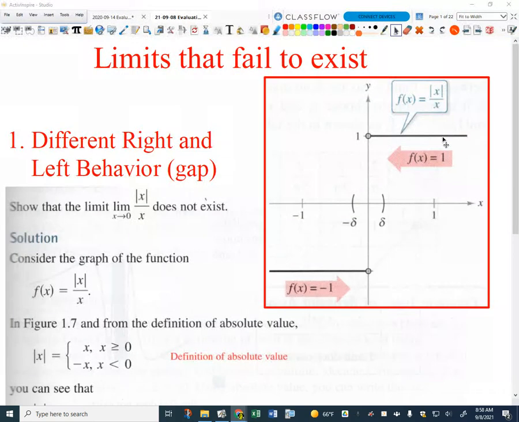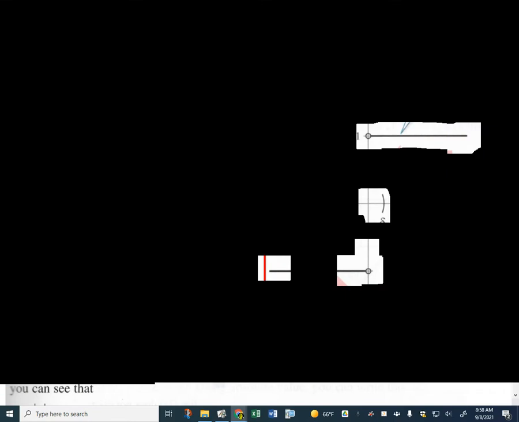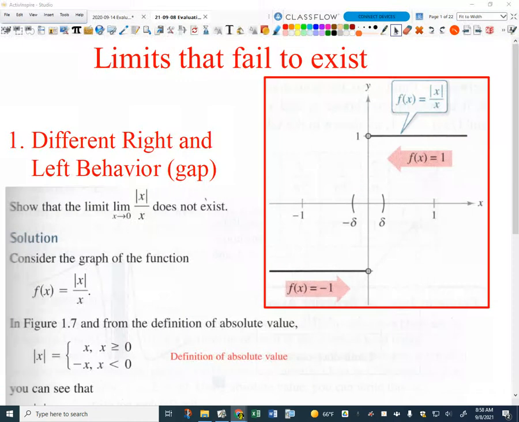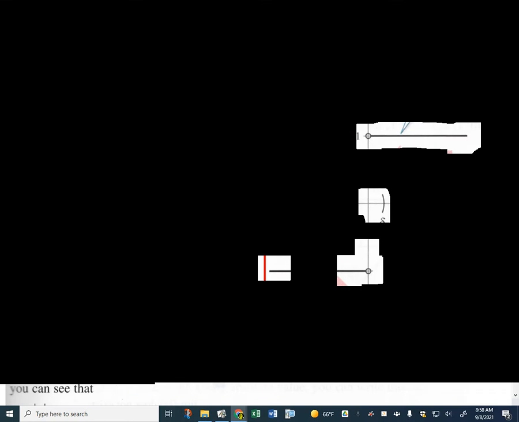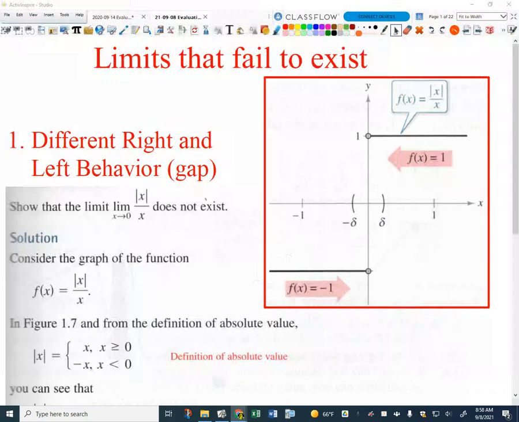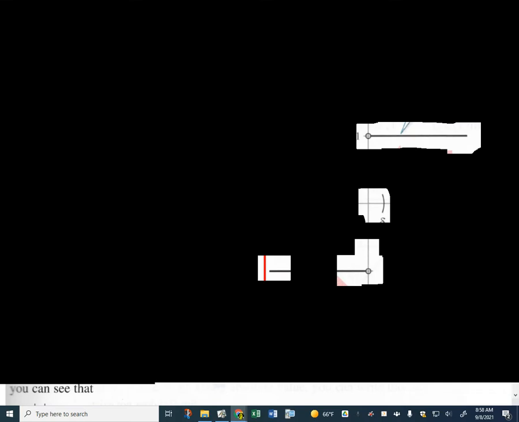Whereas an ant approaching from the right would anticipate stepping there and say the limit is +1. Well, who's right and who's wrong? Neither ant should have some elevated preferred status, right? They're on equal footing. And so if they both anticipate different places, then what's that tell us? Well, the limit doesn't exist. There isn't a single place where ants from either direction could agree they're going to step.